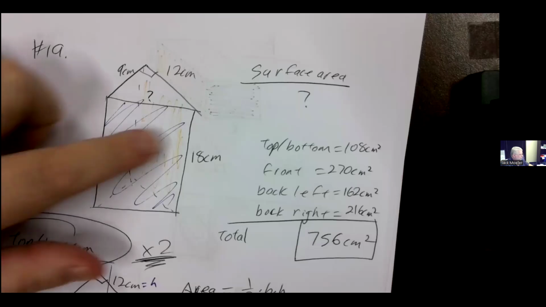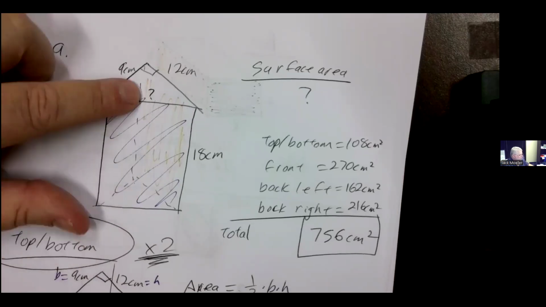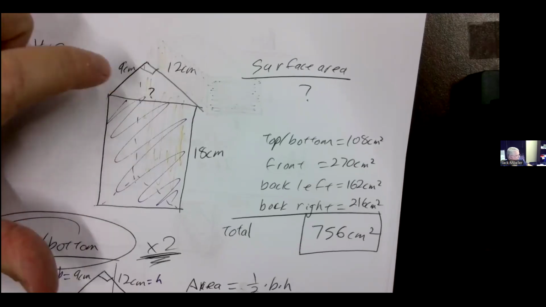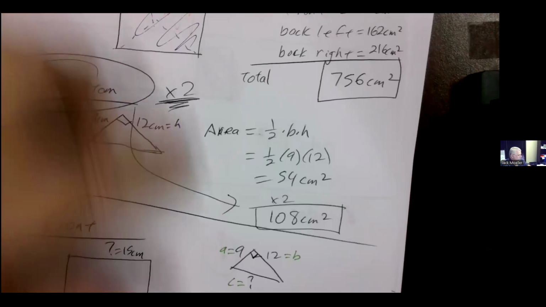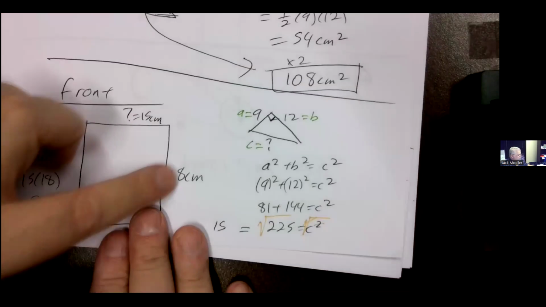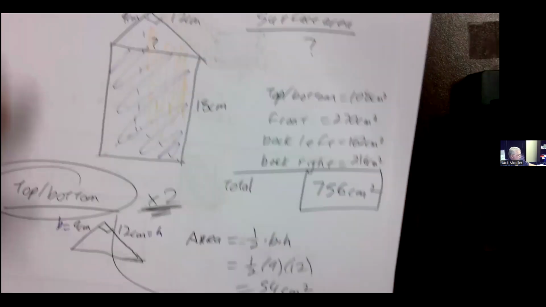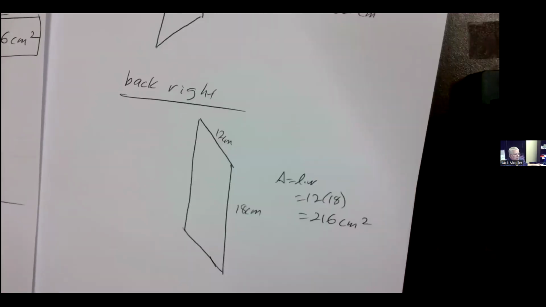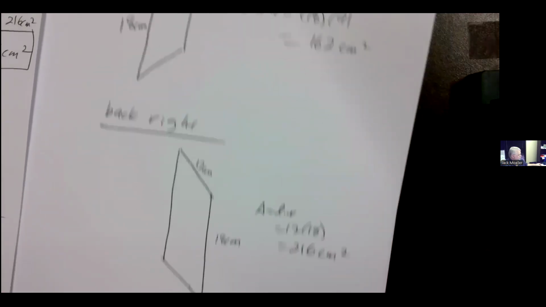On the front rectangle, we didn't know the width, but since that was a right triangle, we could use the Pythagorean theorem. And then that was the hypotenuse of it. So we solved for C. Once we did that, then it was a straightforward calculation. And then the back left and the back right, we just had to be careful on getting our dimensions.